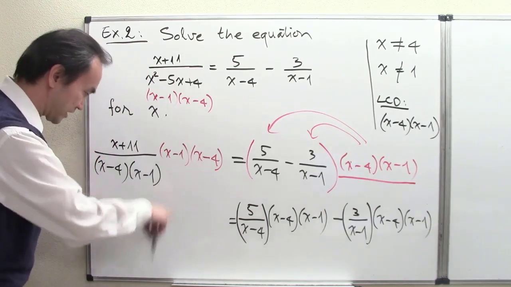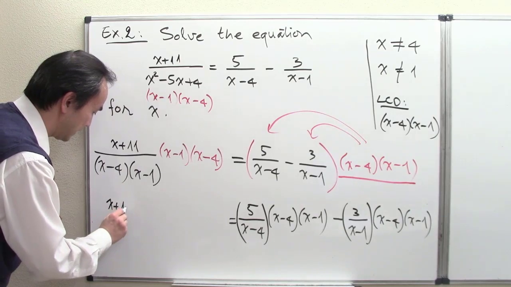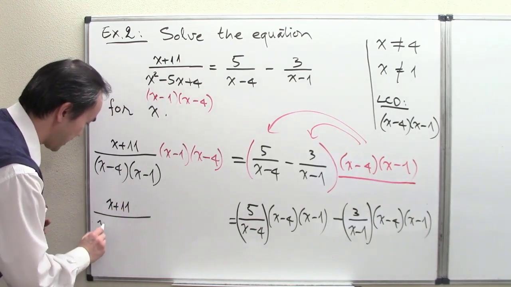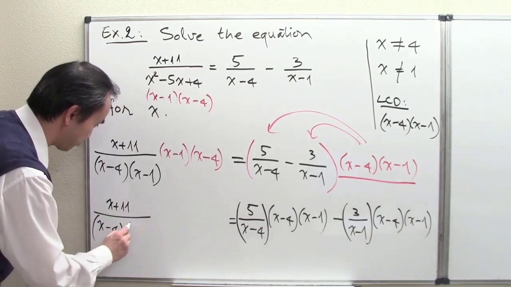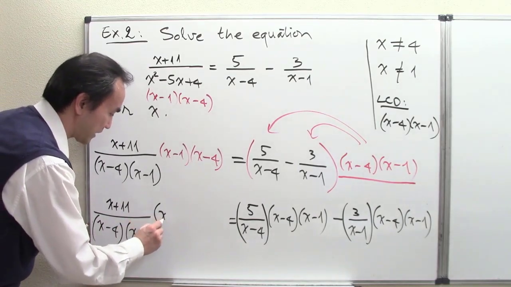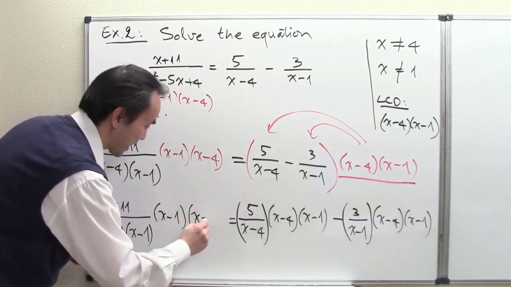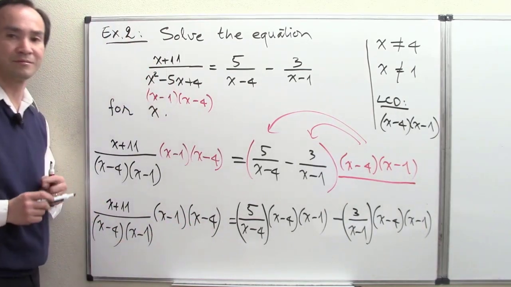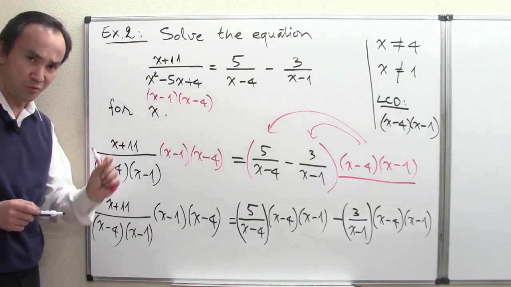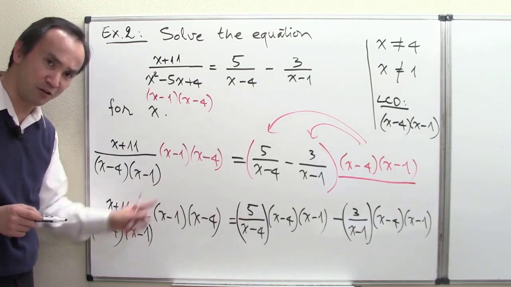The left-hand side for now, let's keep unchanged. From the previous step to now, nothing changed yet. I have x plus 11 over x minus 4 in product with x minus 1 in the denominator, multiplied with that giant expression x minus 1 in product with x minus 4. Now we are right at the corner of being ready to clear out all fractions.